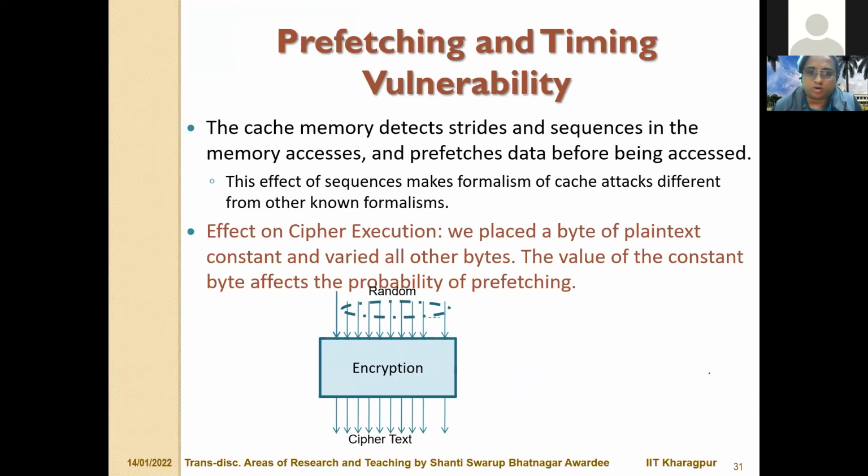So what we tried to model is these prefetching techniques and try to understand what is the influence of this on the overall timing pattern. So why does it matter? It is because the prefetching essentially depends upon your internal data, the data that you essentially start your encryptions with, and therefore potentially can have a bearing on the overall timing.